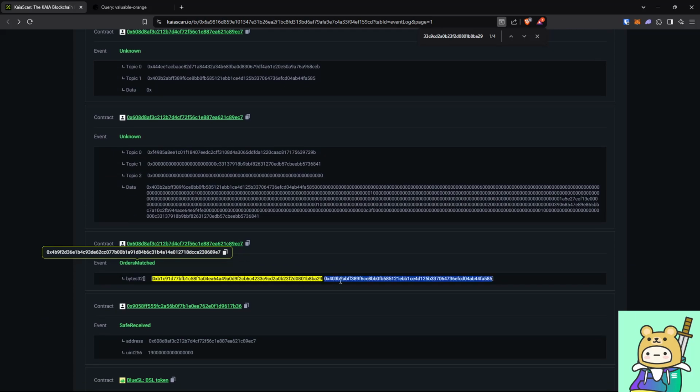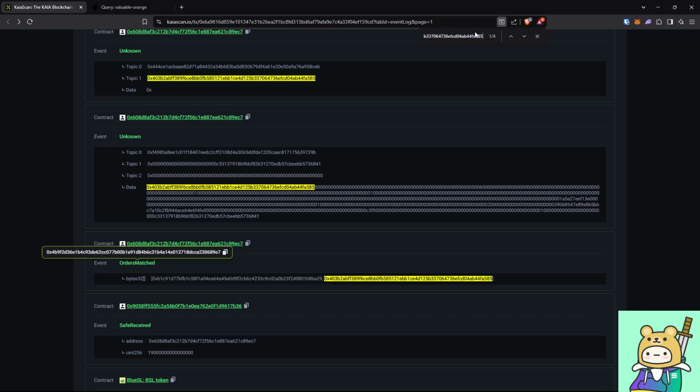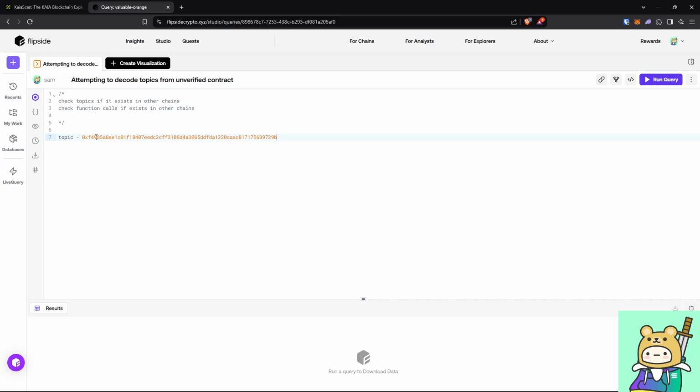And the other hash being this hash, I'm going to copy this and paste it. And I see the exact same thing happening here, where again this is the same topic, right? And it appears in the first 32 bytes of data. So what this tells me is that these two event indexes with the same topic could be something like this might be the sell order, and this is the buy order, right?